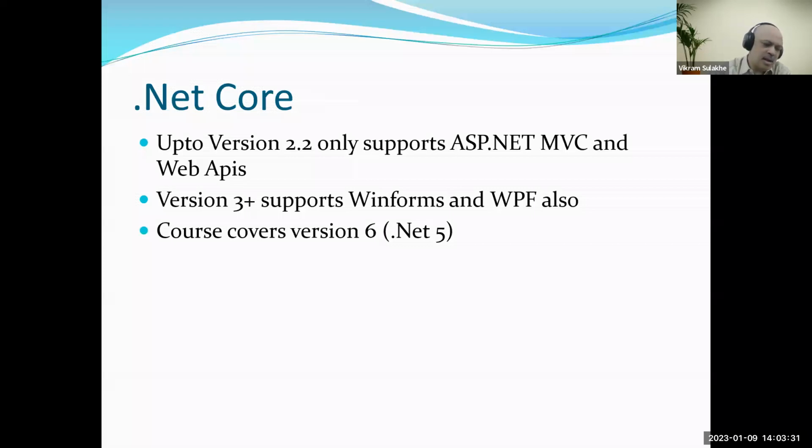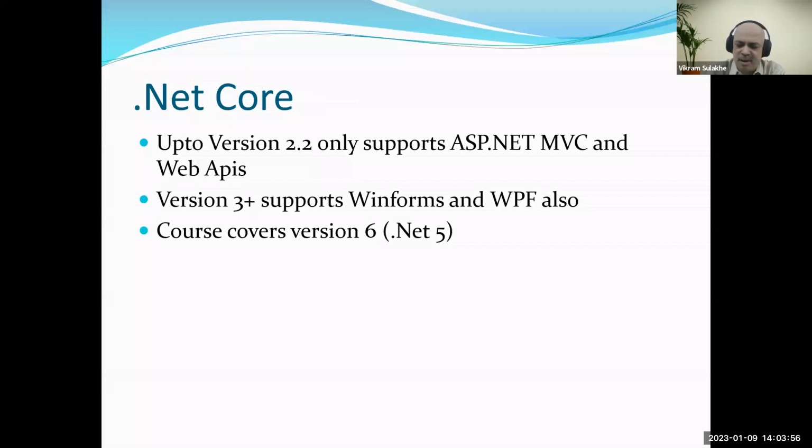WinForms and WPF are a way of working with desktop applications, while ASP.NET MVC and Web APIs are for web applications. Our course covers version 6, which is not 5, but .NET 6. I made a mistake while typing this out.